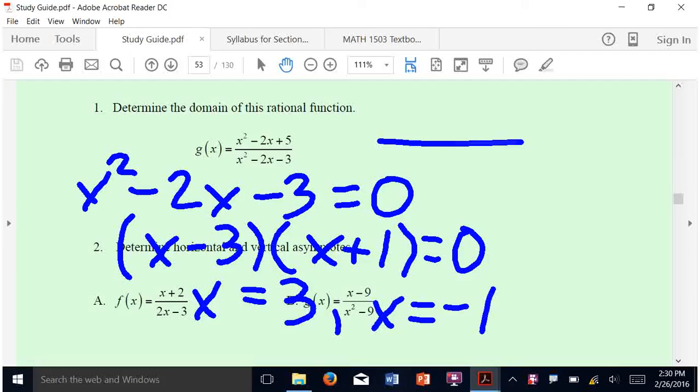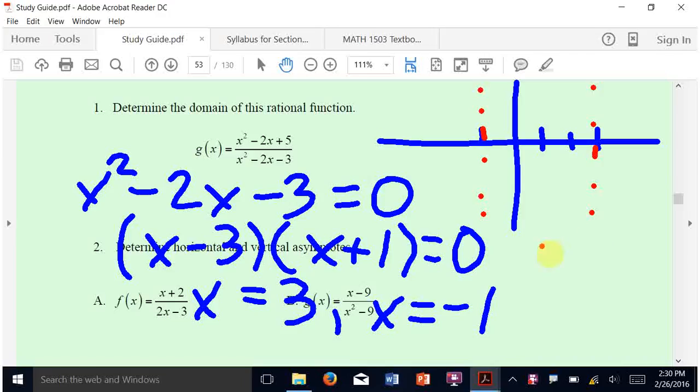So on the graph, if you're drawing asymptotes, negative 1 and 3, you have asymptotes like that.